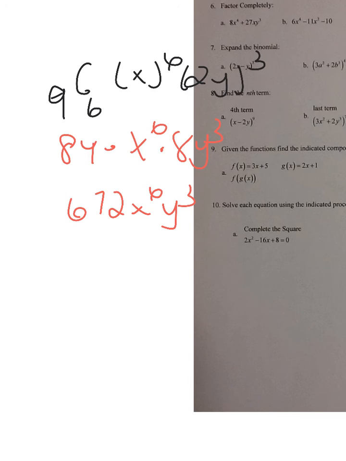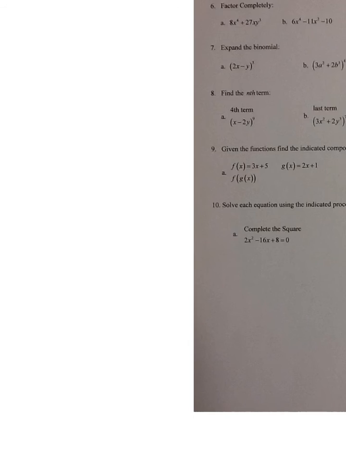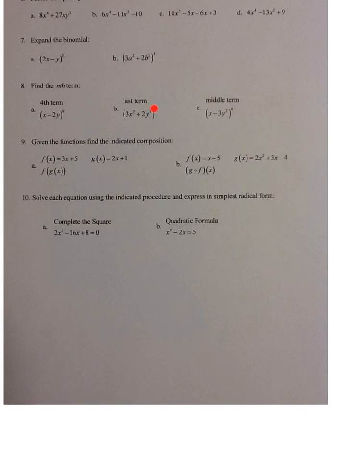Okay, so let's take a look at 8b. Now 8b says to find the last term. So remember, you start at 7C7 for the first, that's your first term. Your last term goes all the way down to 7C0.